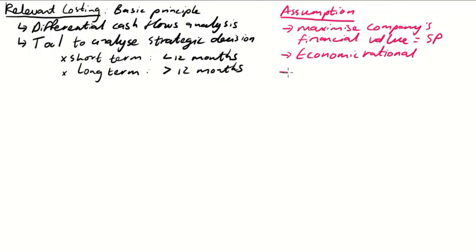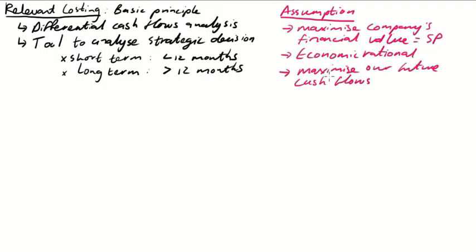Now, you'll remember from what you learned in corporate financial management that we maximize the share price where we maximize our future cash flows. Because the share price today is equal to the present value of our future cash flows that the company generates, and specifically those cash flows that are available to shareholders.